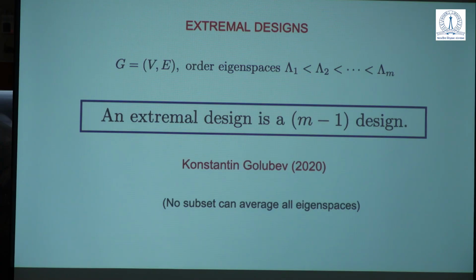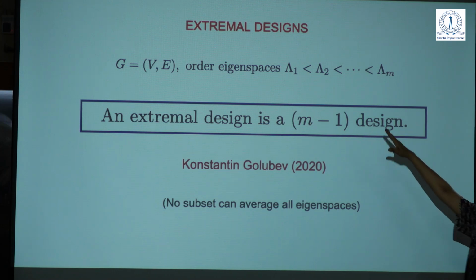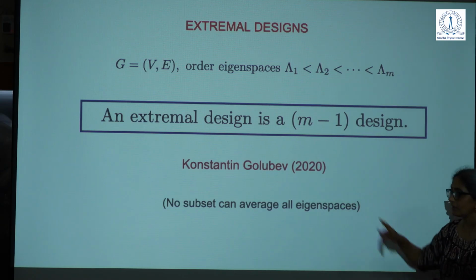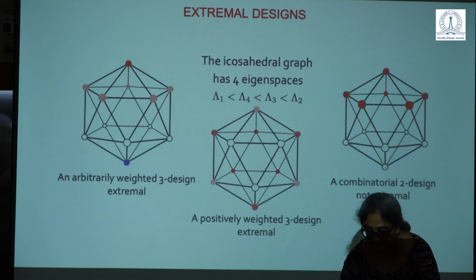So these extremal designs have some nice connections to combinatorial things, but we won't go there, but this is all it means. I can average everything except the last eigenspace, okay? I know I can't average all the eigenvectors, but in my setup, I'm averaging eigenspaces completely or not at all. So I'm just saying leave out the last one and everything else is okay. That's called an extremal design. So this was defined by Golubev in 2020.